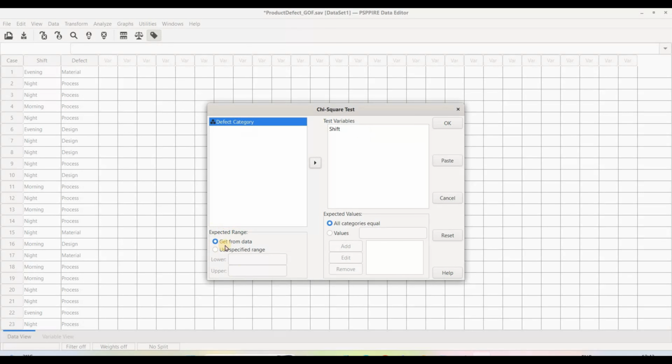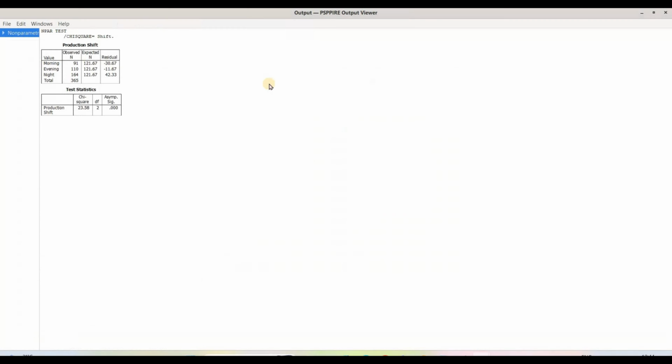Here we have expected range, which is get from the data, so you leave that as is. And remember, we're assuming that all categories are equally likely, because there are 2 different ways to look at goodness of fit, and today we're looking at if all categories are equally likely. After that, the next thing we'll do is press OK.